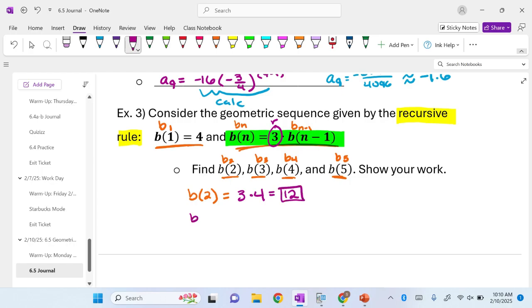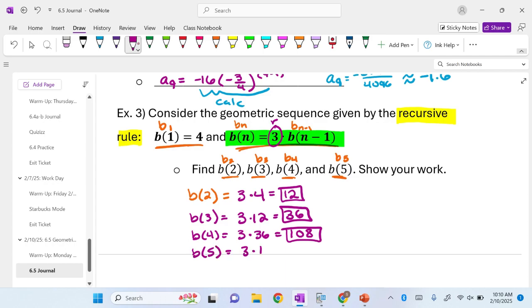How do I use that to find B3? Multiply by 3 again. Multiply 3 to 12, so that'll give you 36. And then you just keep repeating that pattern. So B4 is equal to 3 times 36, which is 108. B5 is equal to 3 times 108, which is 324.